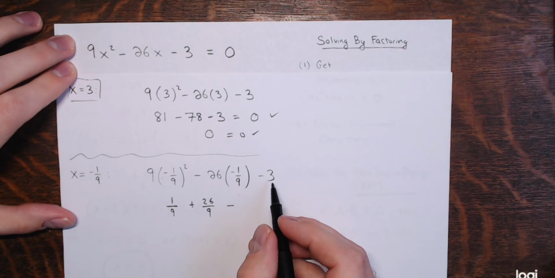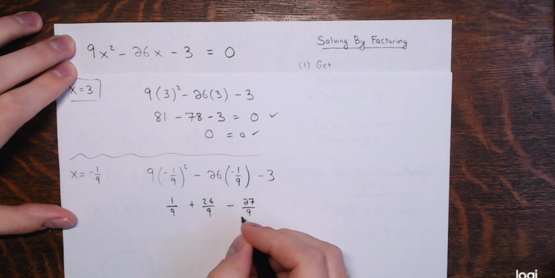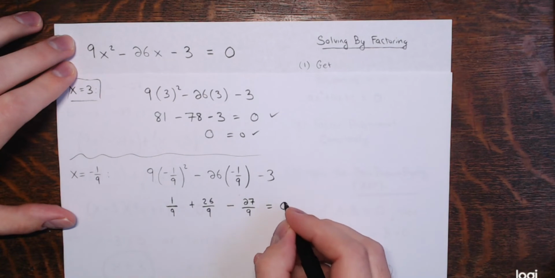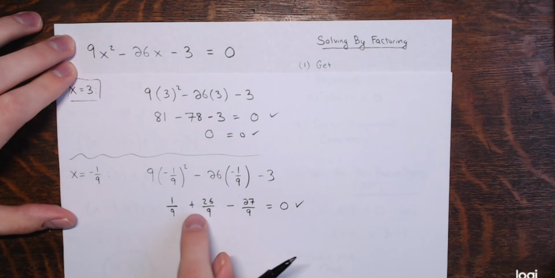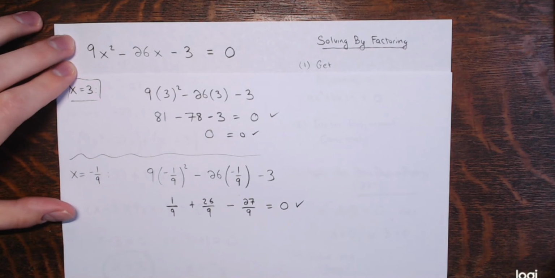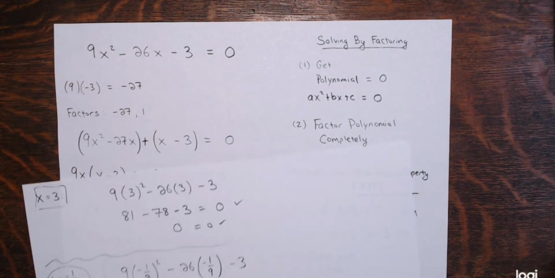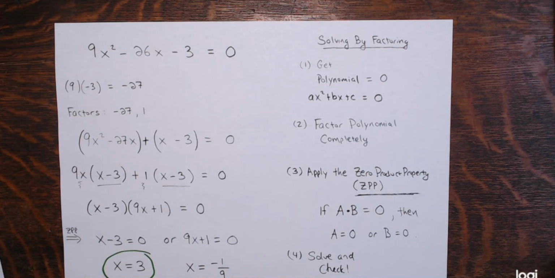So 3 is actually the same thing as 27 divided by 9. Now they all have a common denominator, and that's equal to 0. You keep the denominator, and then 1 plus 26 is 27 minus 27 is 0/9 or 0. So this also works. So my solutions are positive 3 and negative 1/9.